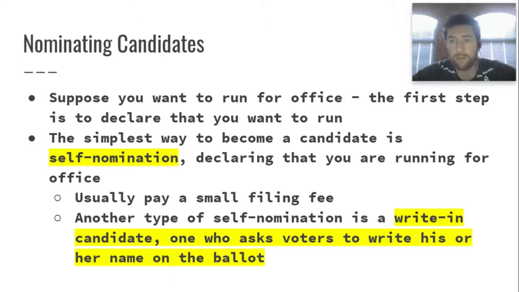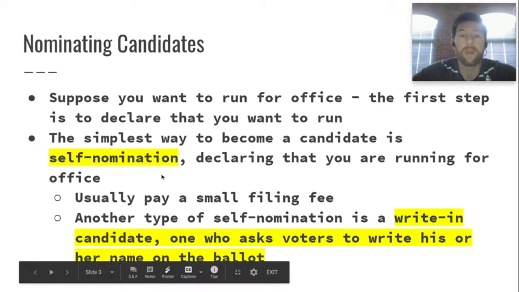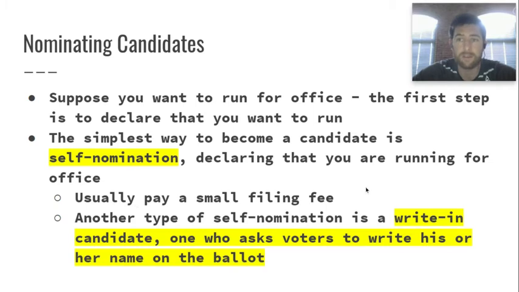Presidential candidates do this. Candidates for the Senate and House of Representatives in Congress do this. Mayors, governors, they all go through the same process of self-nomination. They usually have to pay a small filing fee to officially announce that they are running for a particular place in our government.